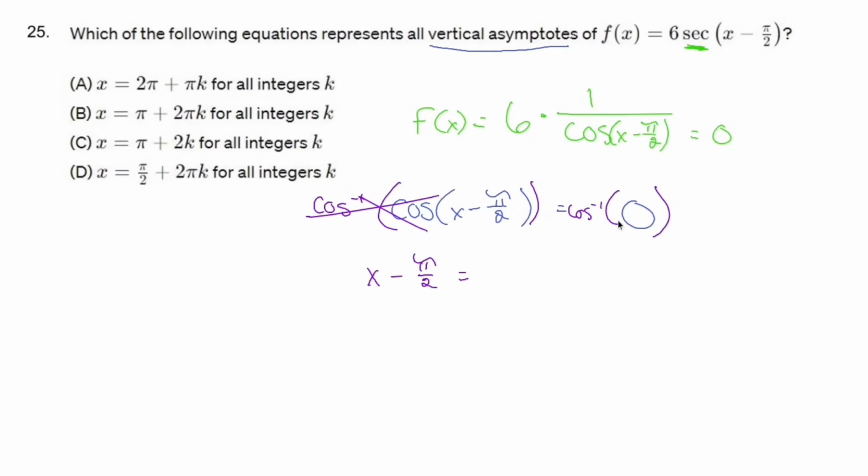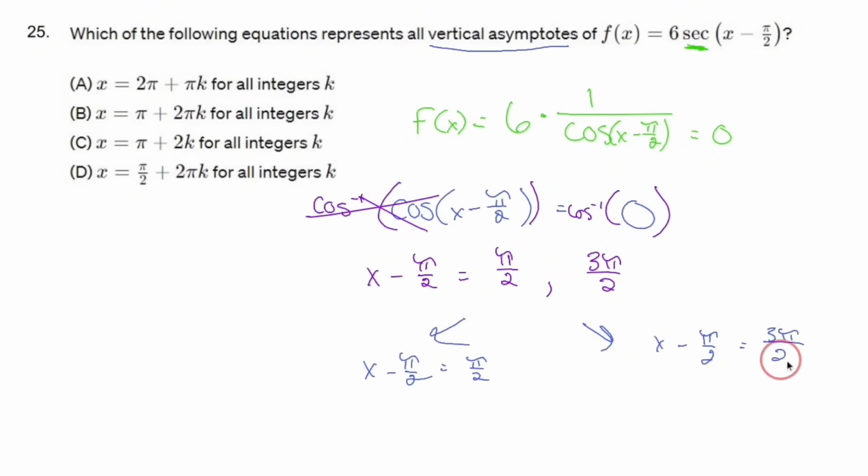Cosine is x, so what angles give me an x value of 0? Two of them, pi over 2 and 3 pi over 2. So I'm going to solve these as two different equations. I have x minus pi over 2 equals pi over 2, and x minus pi over 2 equals 3 pi over 2.